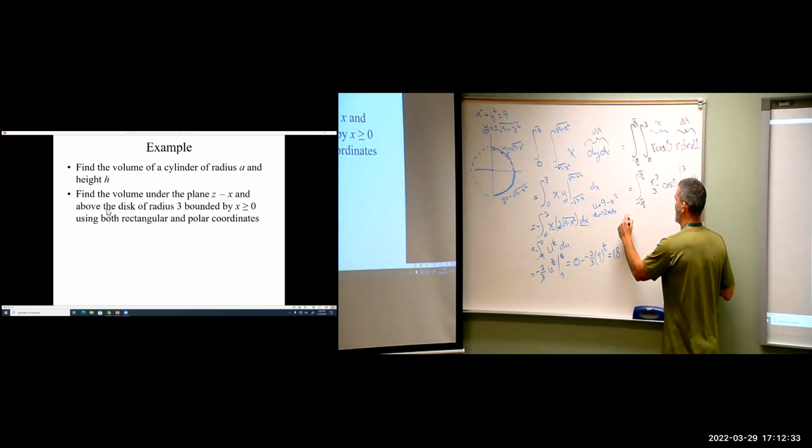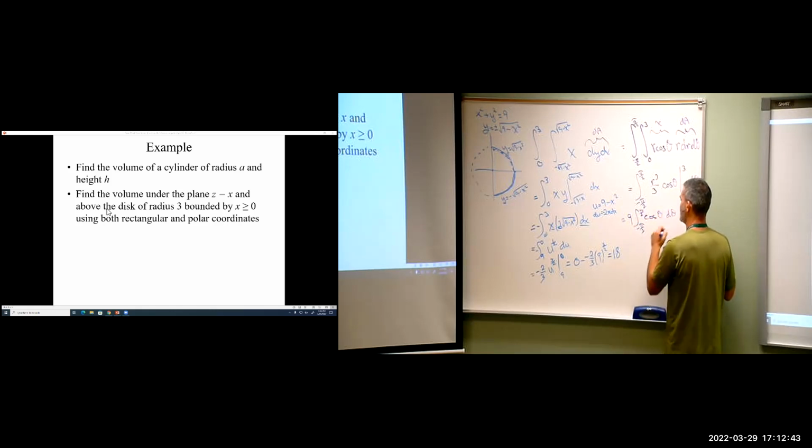So basically now we're just down to this 9 from negative pi over 2 to pi over 2 of cosine theta d theta. Antiderivative of cosine is sine. So 9 sine theta, negative pi over 2 to pi over 2.